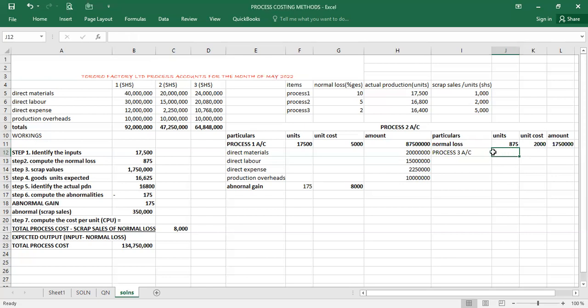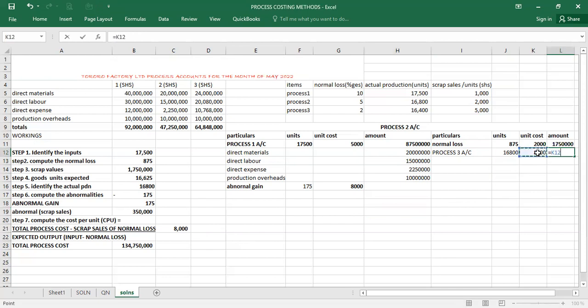But what are we taking here? We are taking the actual output, and the actual output was 16,800, valued at 8,000. This one, the unit cost. So we can try to get the figure here.